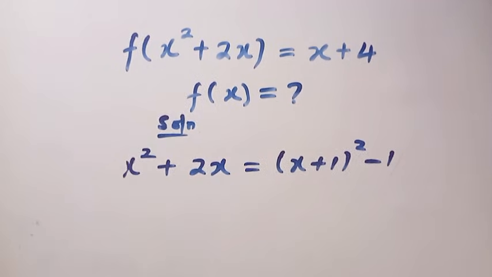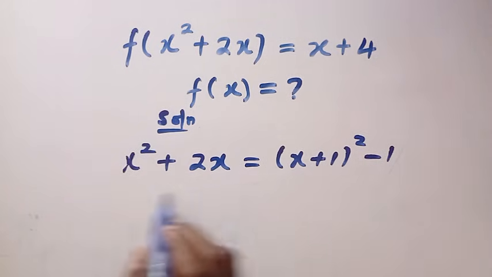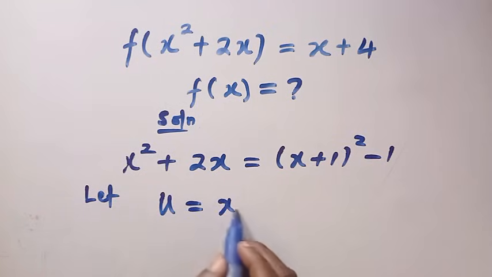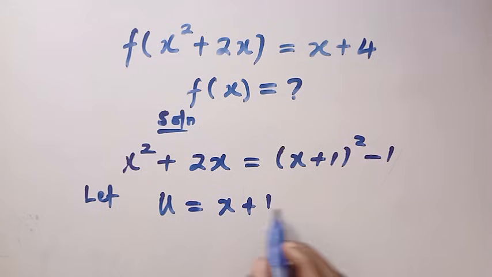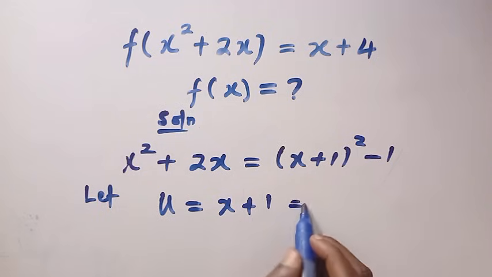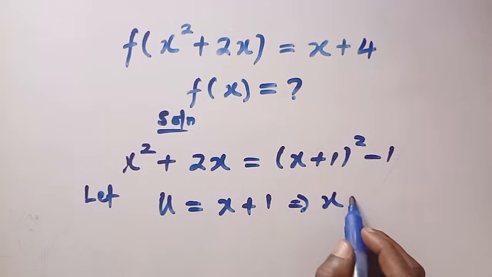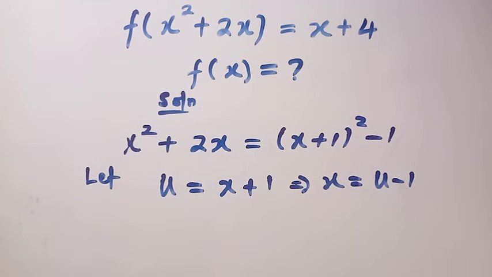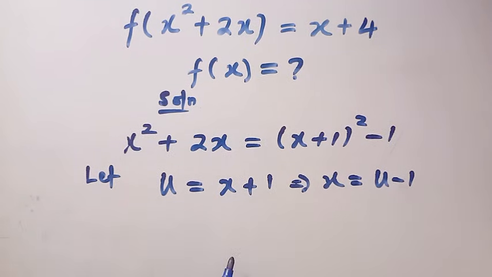So after getting this, suppose from here, I let u equals x plus 1. And by making x the subject of the relation, we are going to have x equals u minus 1. So this is what we have. Then I want to make another substitution.